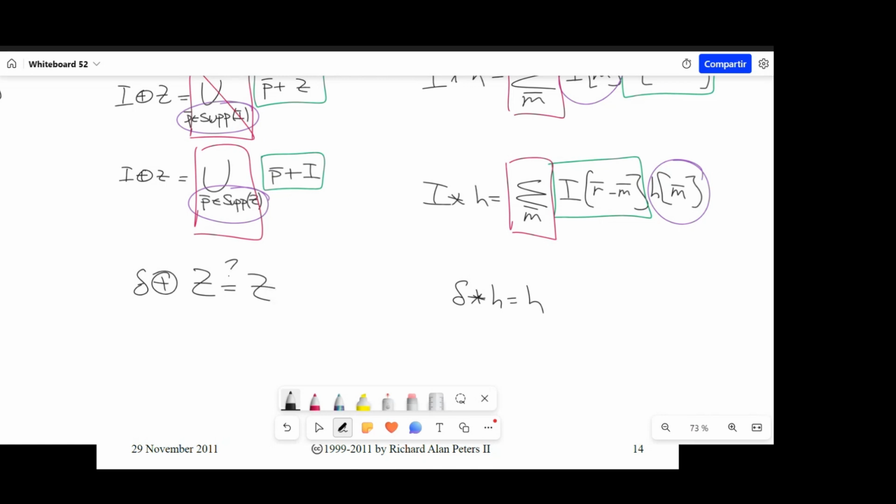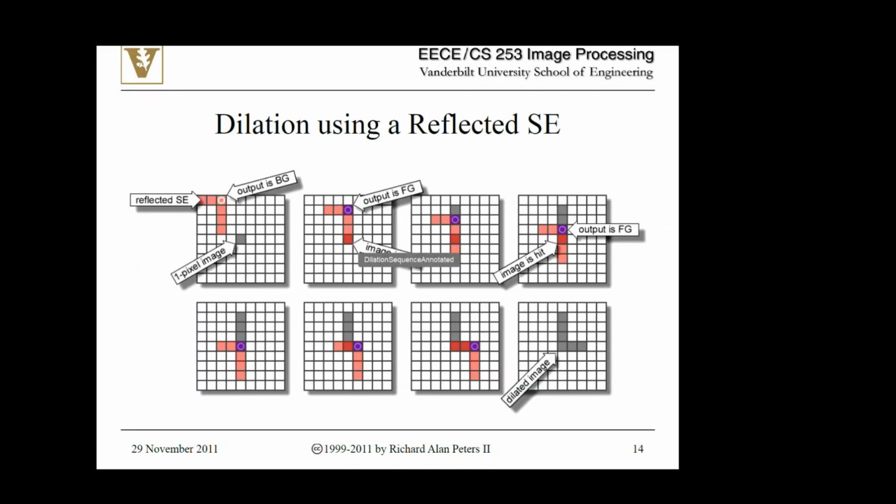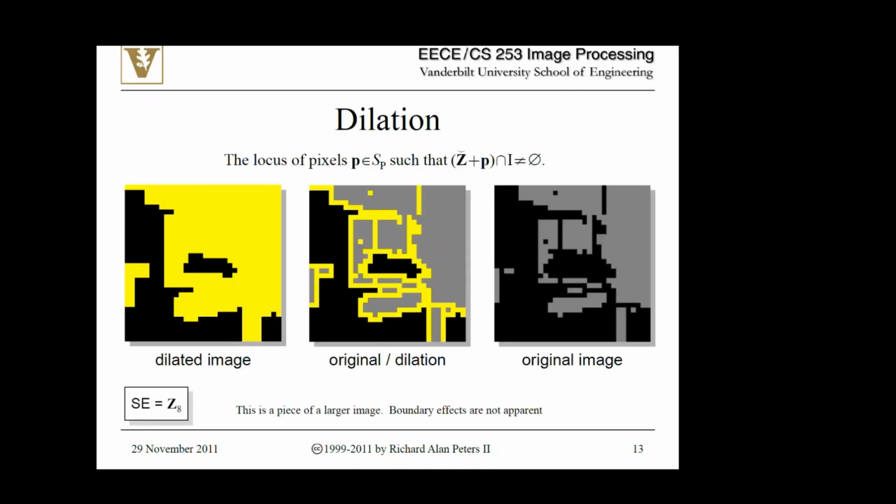The answer is yes. So let's see why. You have to shift the reflected kernel to all the locations, and then only keep those for which the intersection with the image is different from empty.